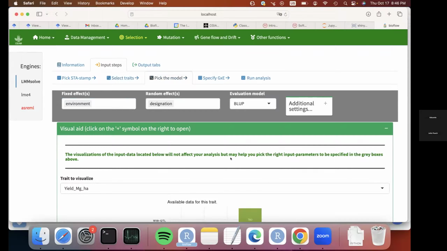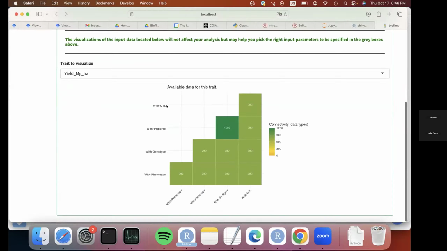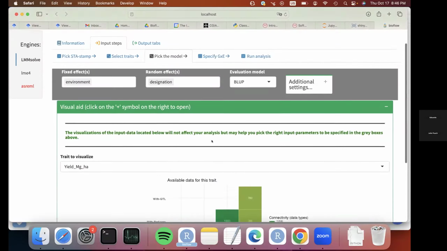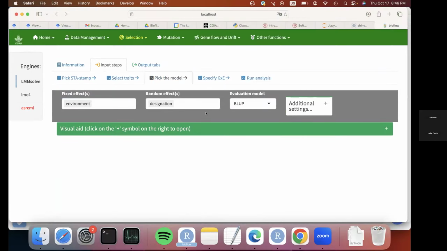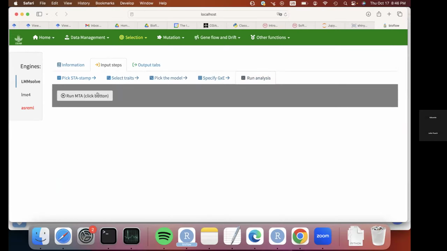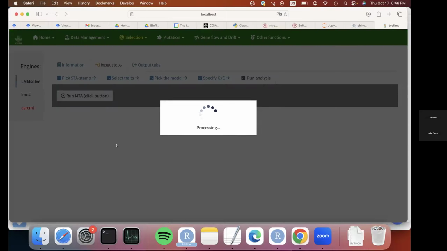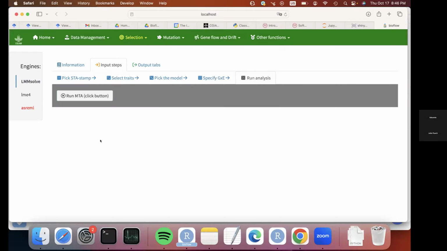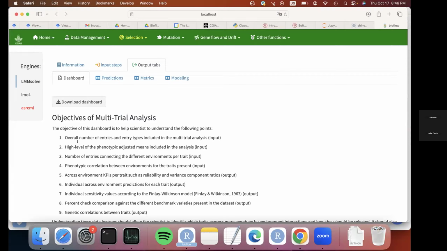And if you don't know what model to specify, you can always, again, go and look at what type of data you have available. So the idea is that we have put a series of steps that you can follow one by one to the point that you just run an analysis. And if you have some doubts on what to put in the parameters, there will always be a visual aid.